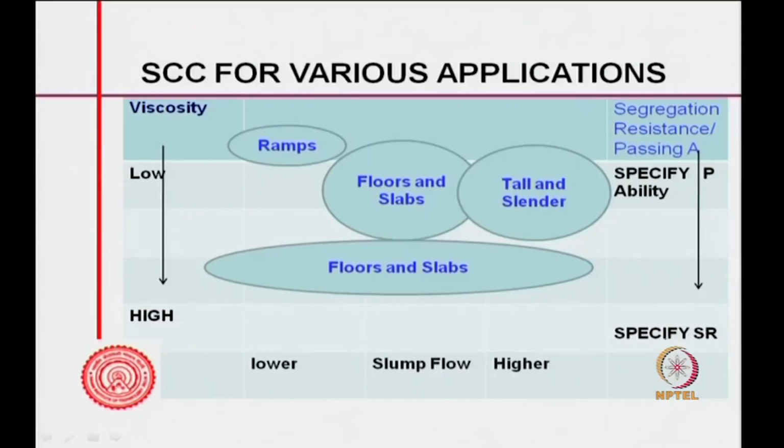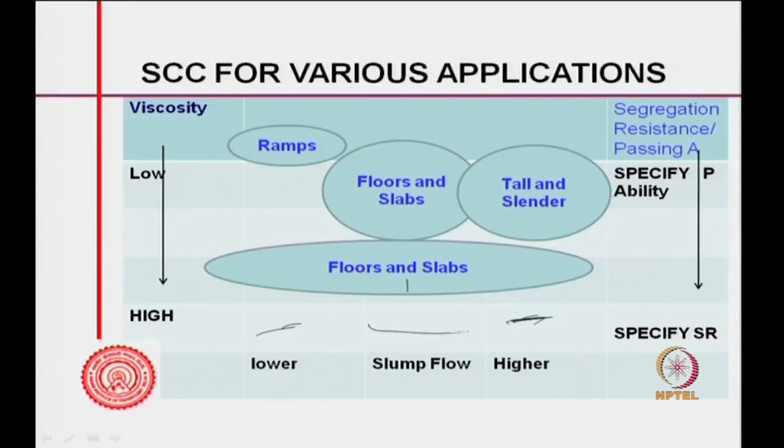you might require segregation resistance to be specified, and depending upon the situation might require higher slump flow or lower slump flow. There is more to this, but I have just picked up some of them. In fact, just to explain, this diagram is a little bit high up, it could be somewhat down as well.